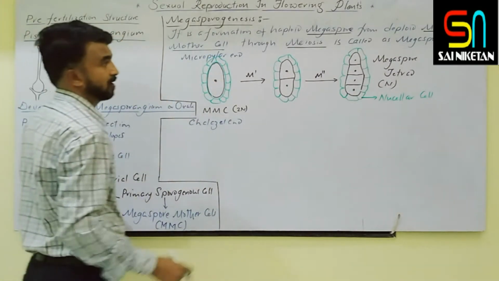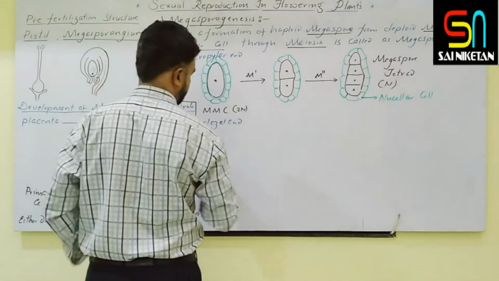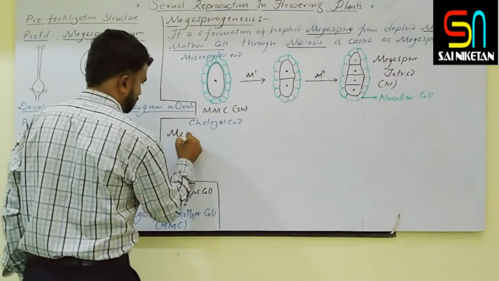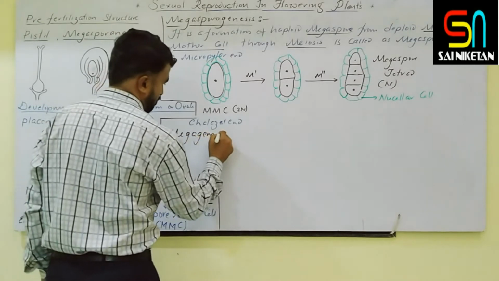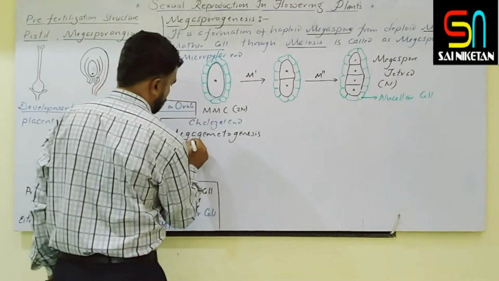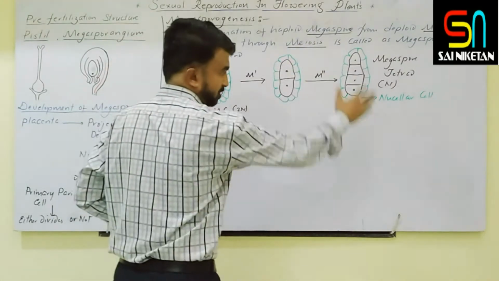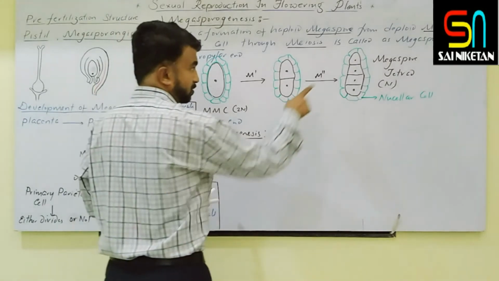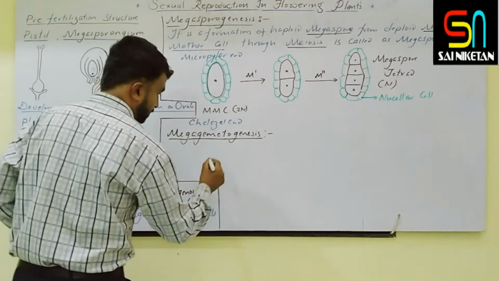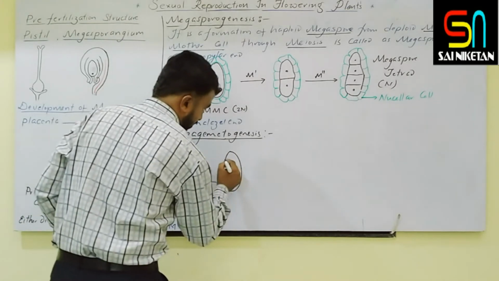Next one, megagametogenesis, or formation of embryo sac. Same story will continue. Clear? So that is a megaspore tetrad.